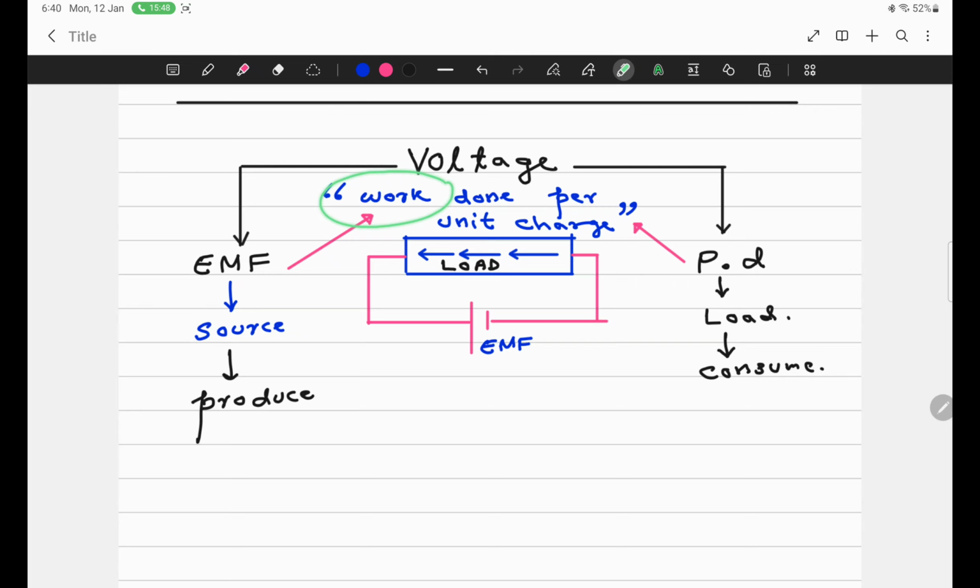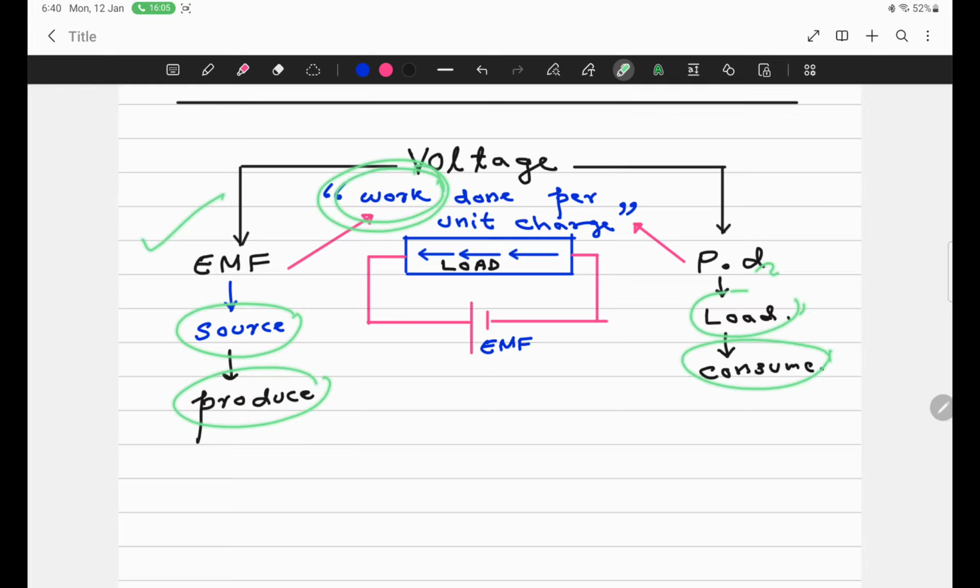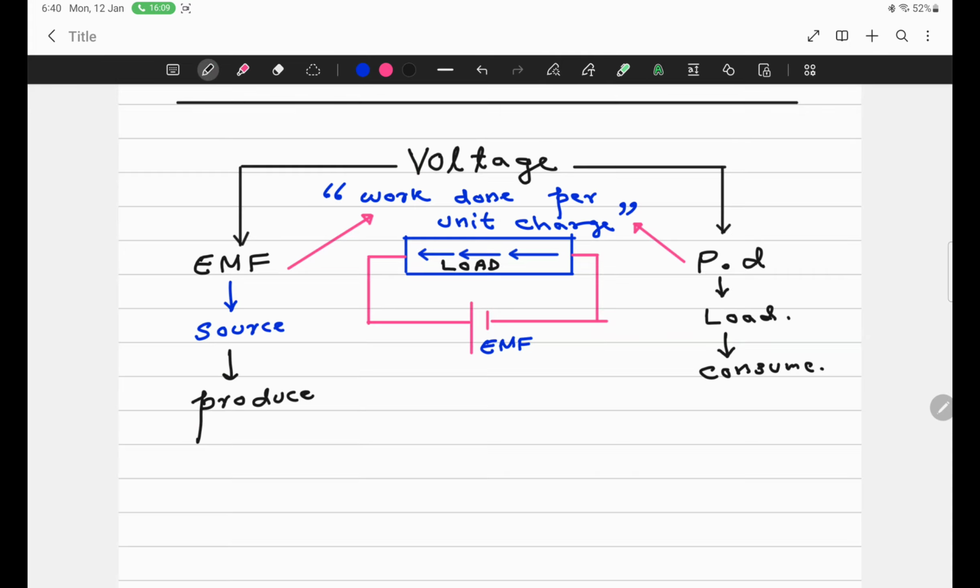The work done, energy supplied, to produce electricity at source is called EMF. And the work done per unit charge at load to consume electricity is called potential difference.